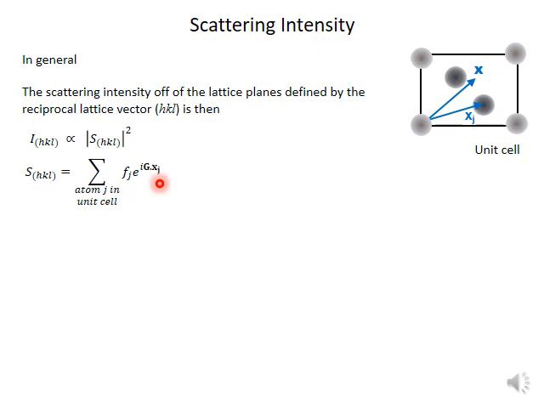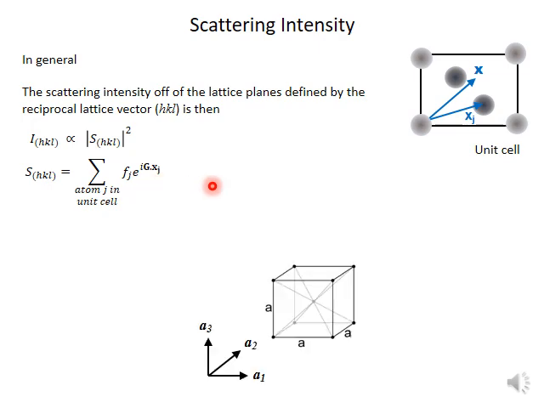So just to understand this xj, where x is a certain position, xj is the position of a specific jth atom within the unit cell. This x is defined with respect to a certain lattice constant, and the coordinates of this x vector are along the real lattice vectors a1, a2, and a3, which in the case of, let's say, a BCC would be along these three edges.